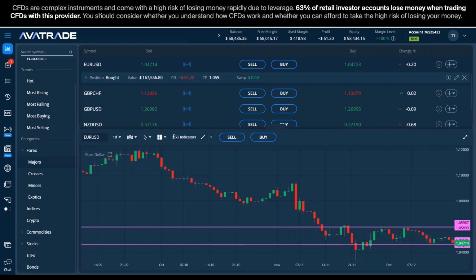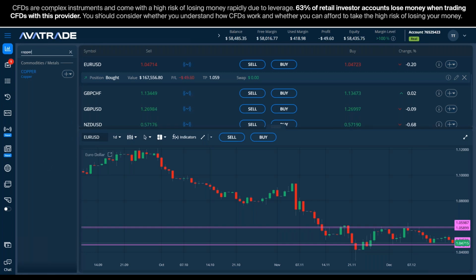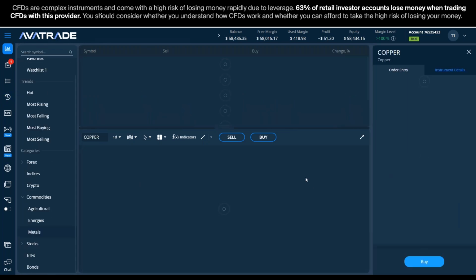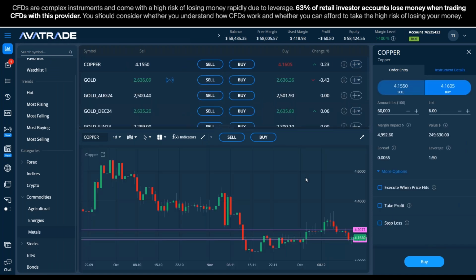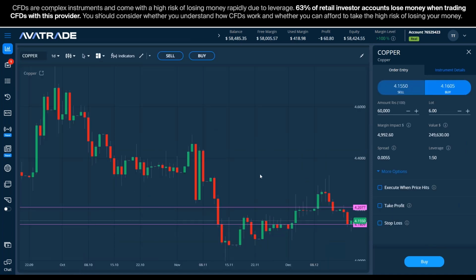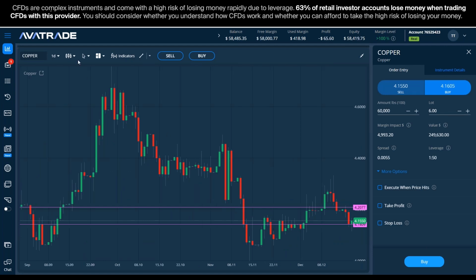If I look at something like maybe a commodity, we could look at something like copper. Copper's an interesting one. Why do I pick copper? Well, copper's used a lot in industry. There's some talk about, will the U.S., when Donald Trump is in place, put tariffs on China? A lot of the copper comes out of China.